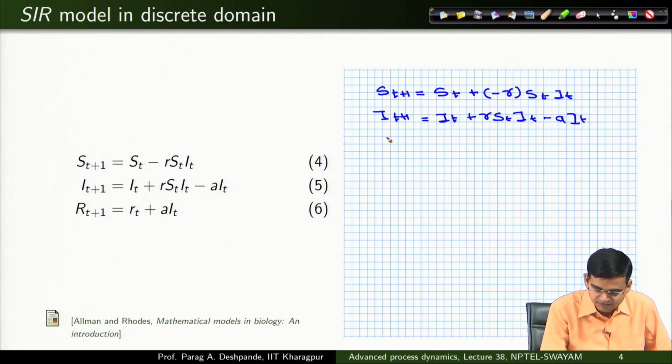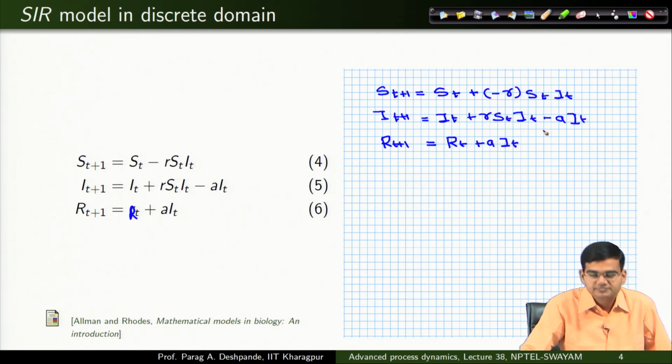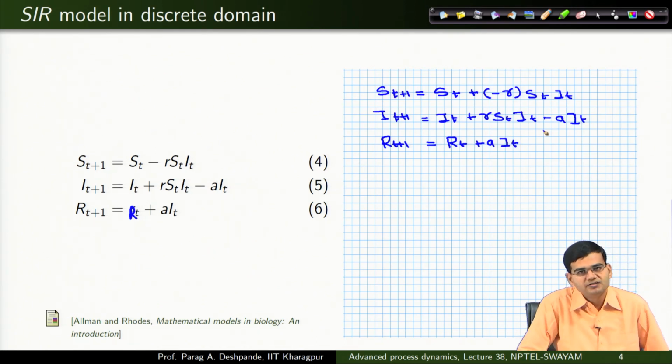Finally, for R_{t+1} in an analogous manner I can write this as R_t plus A I_t. This is the discrete time model.